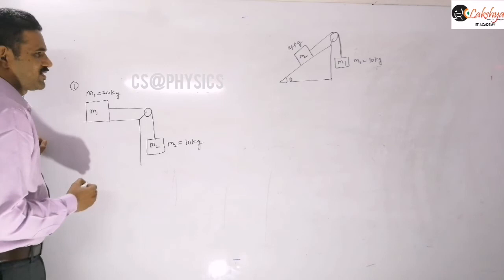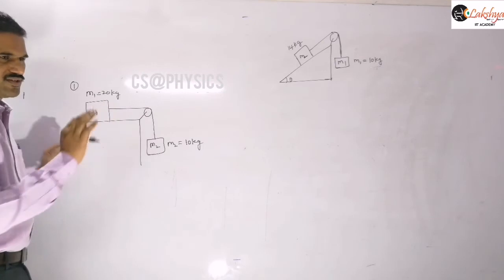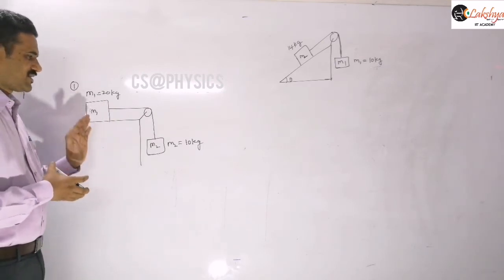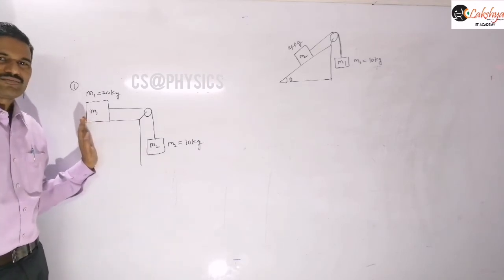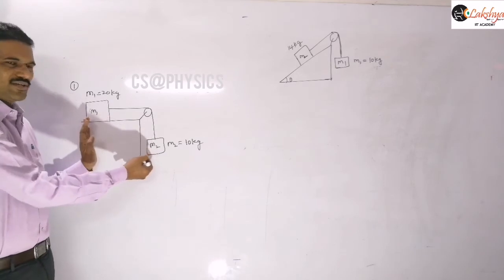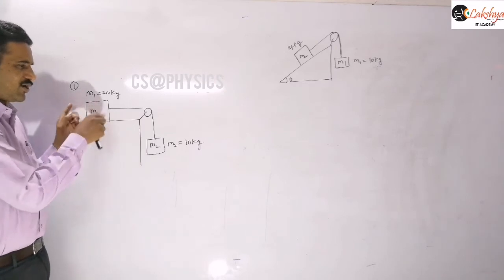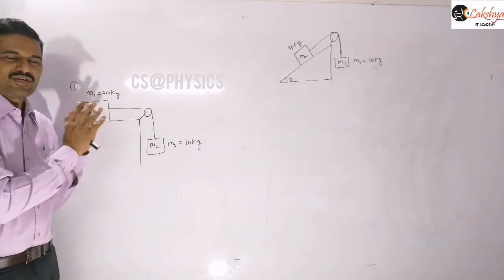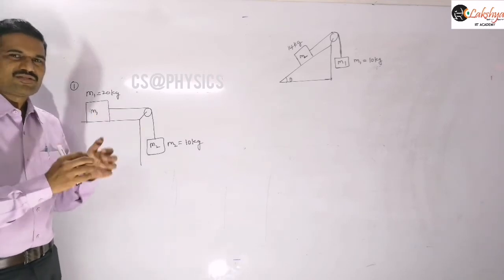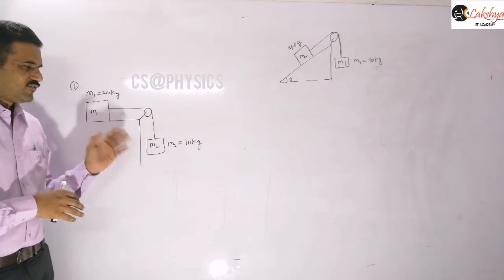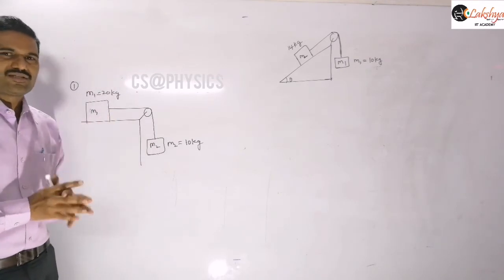Now simply remember this: if the system has a smooth surface, then whatever the masses are, even if you place 100 kg here and I am suspending only 1 kg or half kg on this side, or on the table I am placing a 1000 kg weight, and all the surfaces are perfectly smooth, that means there is no friction anywhere, then definitely this half kg block can accelerate the 100 kg block or 1000 kg block, right?